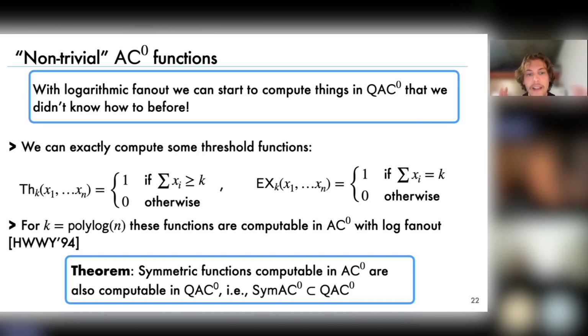So we can directly implement their construction. It turns out that every symmetric function computable in AC0 admits a circuit like this that only requires log size fan out gates. As a consequence, the set of symmetric functions computable in AC0 is also computable in QAC0. So now we've made some progress on the question of what functions QAC0 can compute.